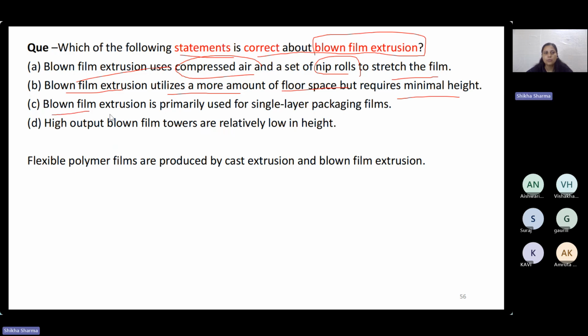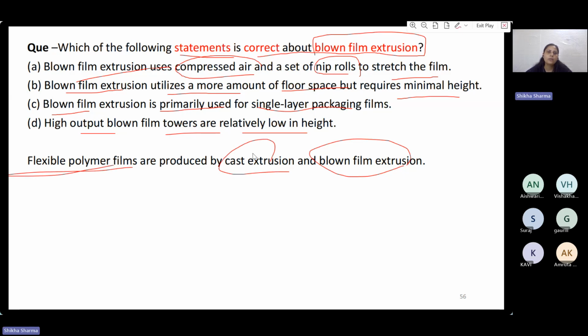C. Blown film extrusion is primarily used for single layer packaging films. D. High output blown film towers are relatively low in height. Basically, blown film extrusion and cast extrusion are done to make flexible polymeric films, and we need to tell which statement is correct out of these four.